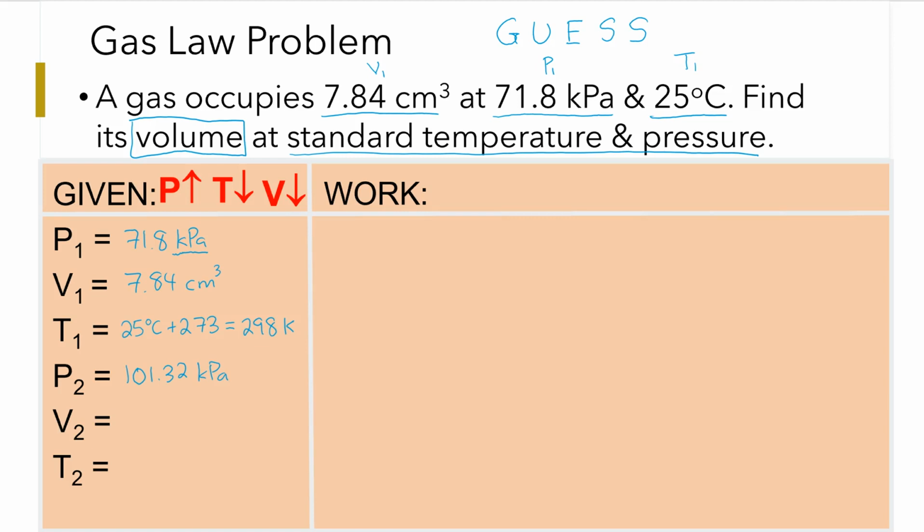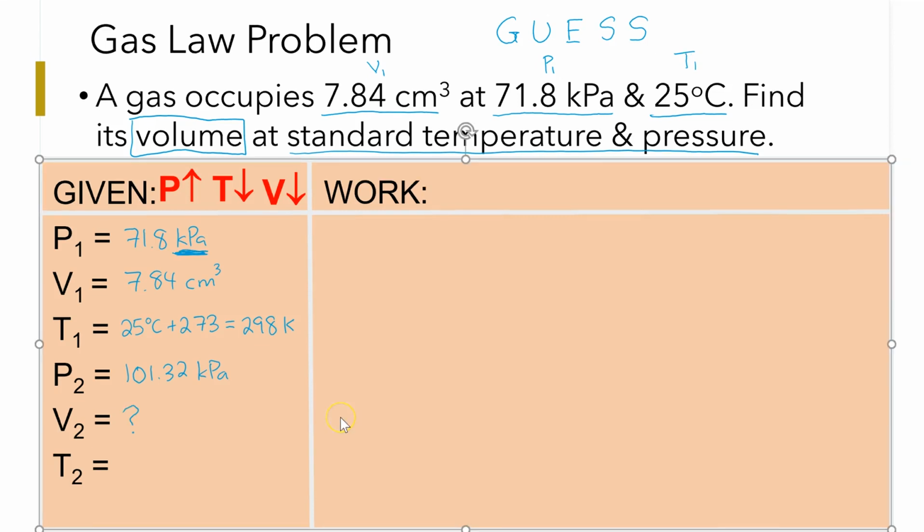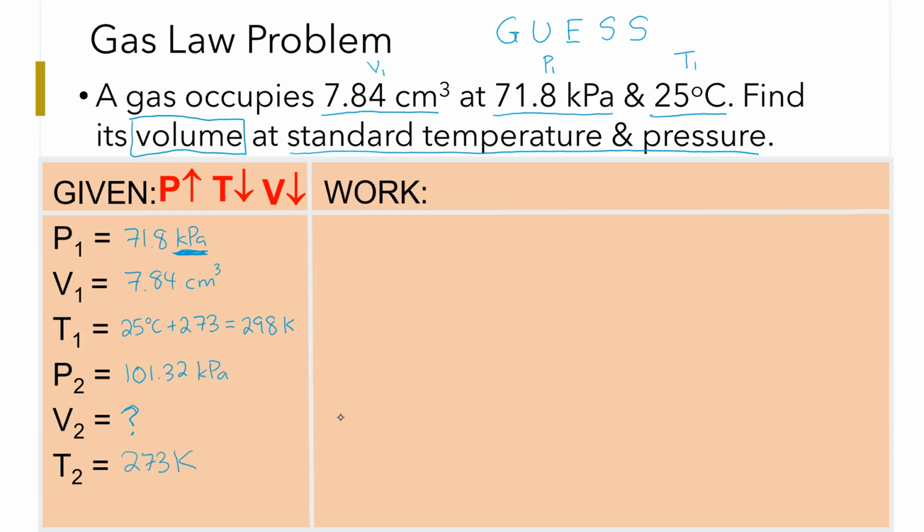And then volume 2 is my unknown here. And temperature 2 is at STP. We never use degrees Celsius, so we always use Kelvin. It is 273 Kelvin. So I'm done with my G of GUESS. My unknown, again, in our problem is asking for volume, so V2.